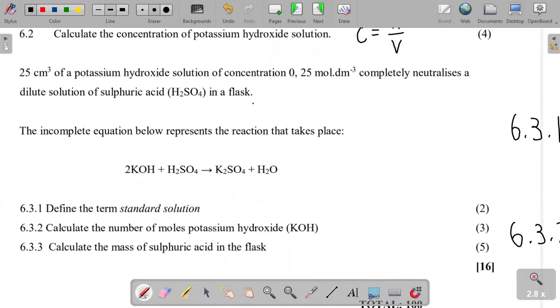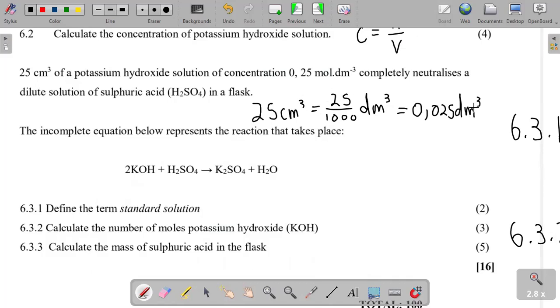It should be converted. So 25 cubic centimeters is going to be equal to 25, and when we divide by 1,000, it becomes cubic decimeters. So this is 0.025 cubic decimeters.